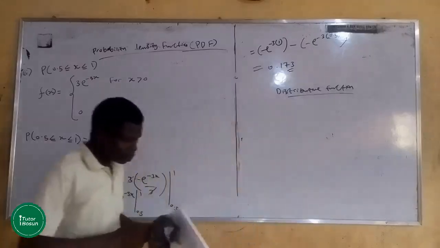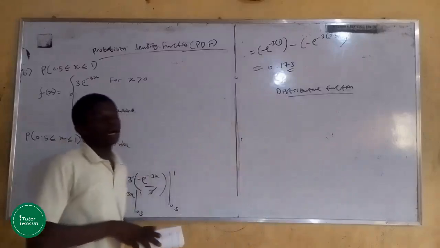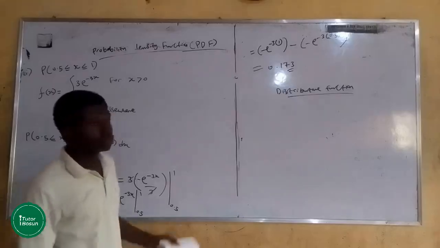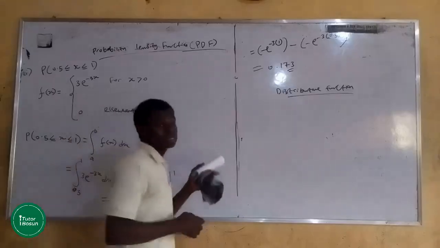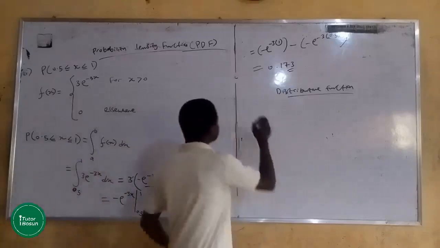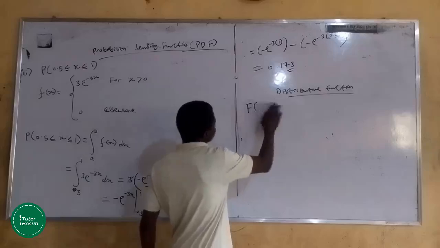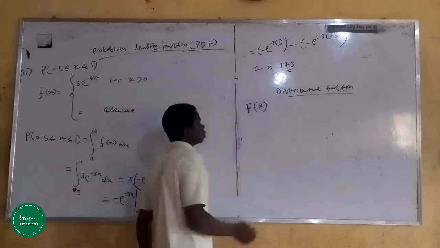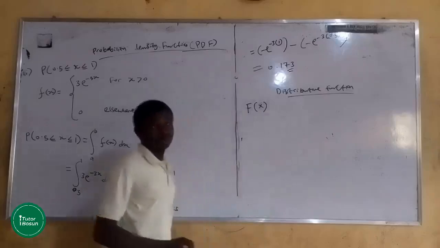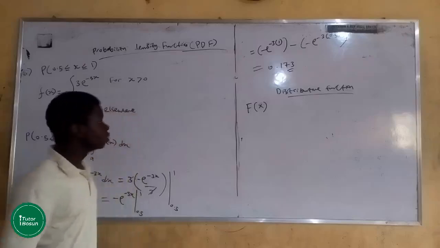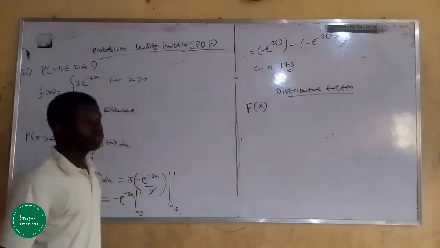Just like the distributive function for a probability function, the probability density function also has a corresponding distributive function, which is given as capital F of x. Capital F is used to represent the distributive function, while small f is used to represent the function itself.